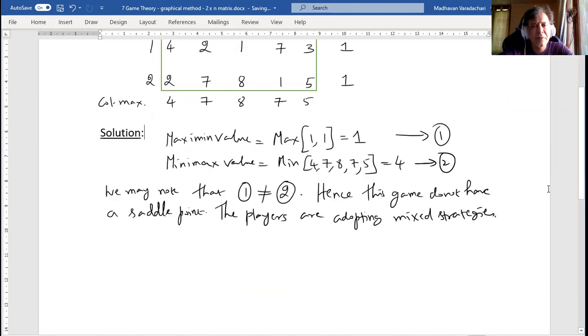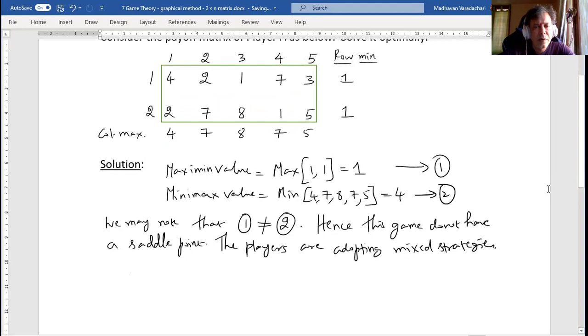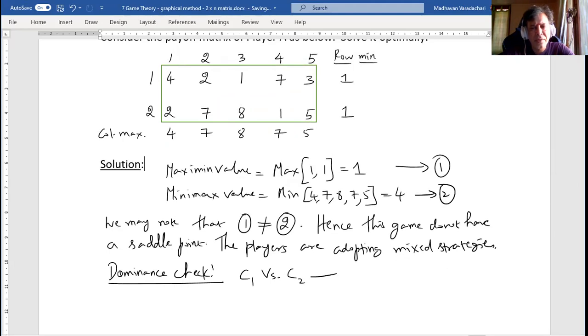Now we will check for dominance. We'll be checking dominance only for columns because for rows it has only 2 rows. So, dominance check. Comparing first column 1 versus column 2. We may notice 4 is larger than 2, but 2 is lesser than 7. So I can say straight away, no dominance found.